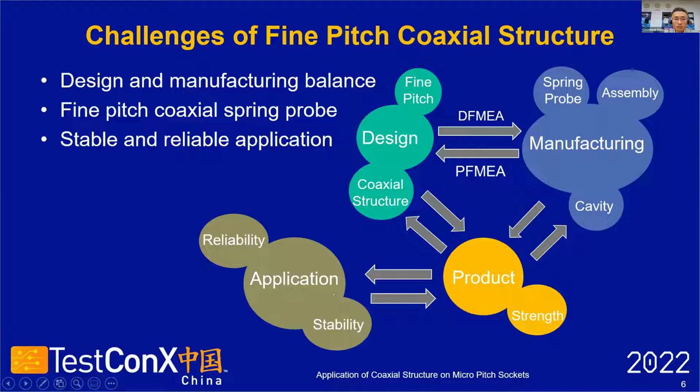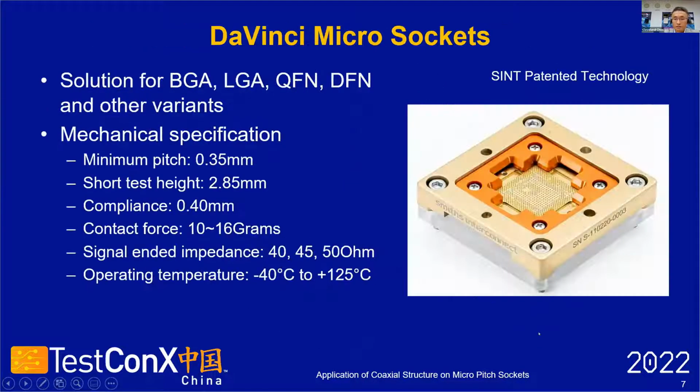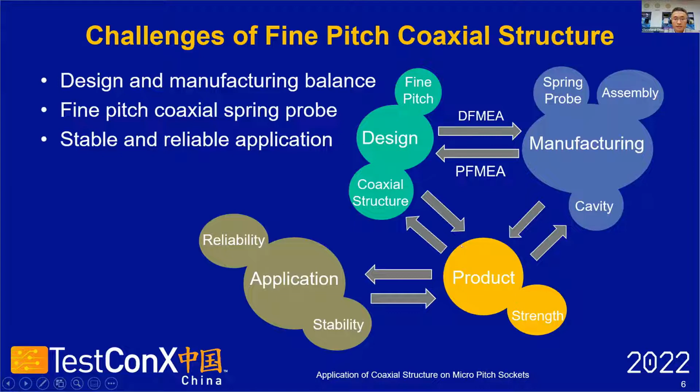Actually, at the product development stage, the application test stability and reliability requirement is the starting point. It drives the desired product property, like special features, strengths. Then those socket properties that we want to have drive the technical requirements for the design and the manufacturing.